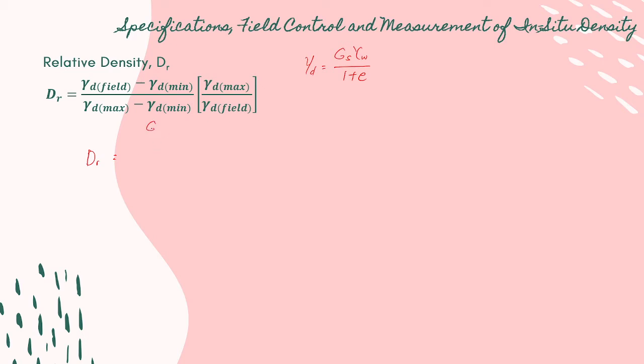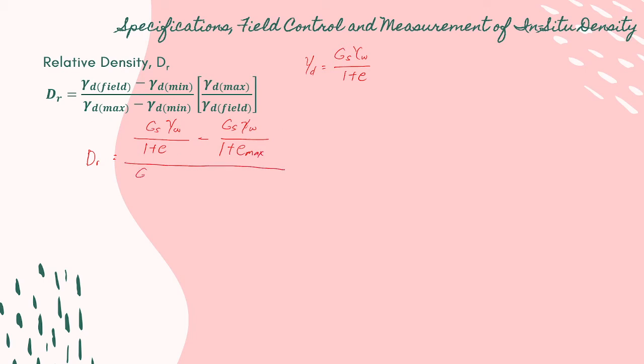So G times gamma water all over 1 plus e, minus gamma d min. Since this is the minimum dry unit weight, we have to write e as the maximum void ratio.